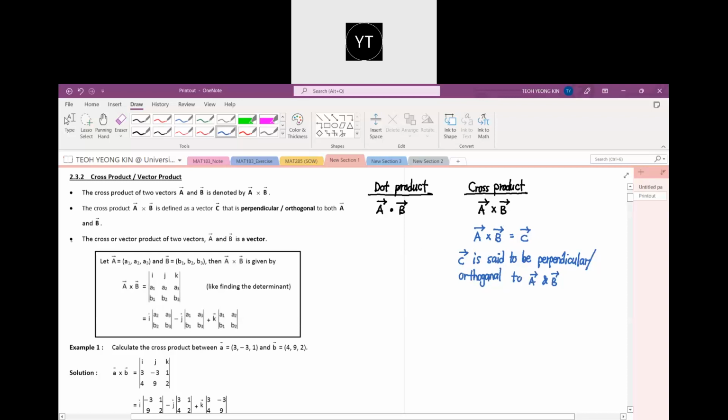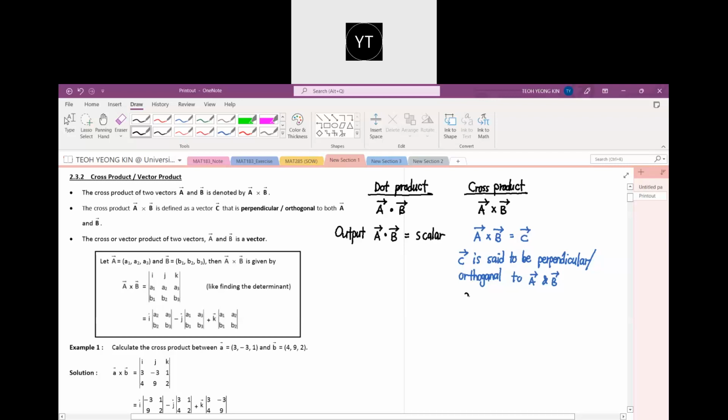Then if you look at the third definition, the cross product of two vectors, vector A and vector B, is a vector. So the output is a vector. Whereas for the dot product, before this we learned that the output of the dot product of vector A and vector B is a scalar.